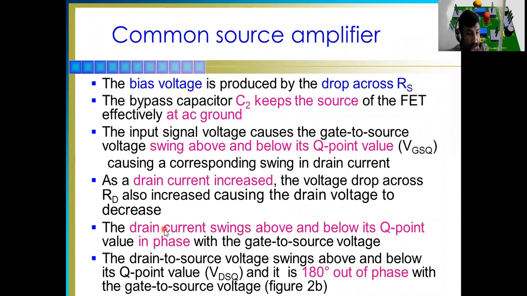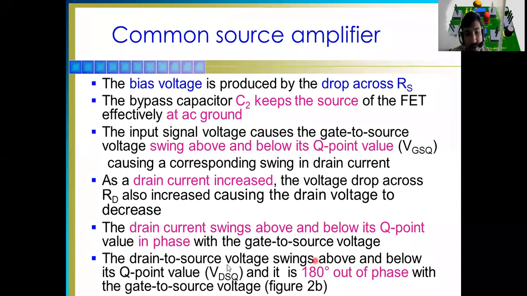Now the drain current swings above and below its Q point value, in phase with the gate to source voltage. The drain current varies, so what happens to the value? If the drain current varies, the Q point varies, up or down. What is the effect? It is in phase with the gate and source voltage, right? Got it now?